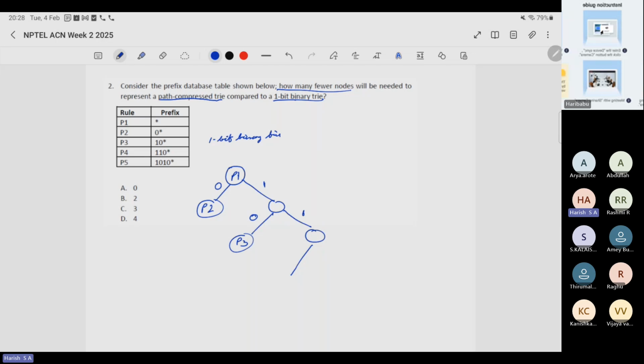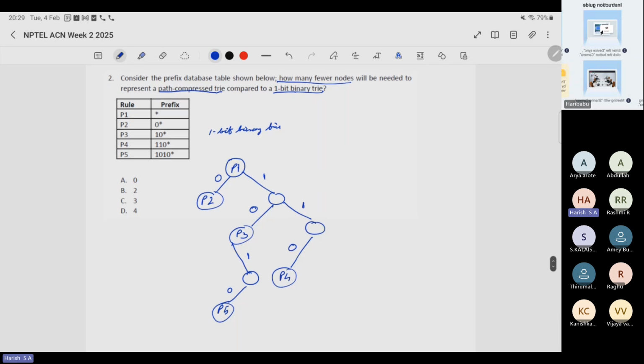So 1, 2 is P4, and then P5 is 1, 0, 1. This, right? 0, 1, 0, 1, 0. Right. Yeah. So this is the 1-bit binary trie.